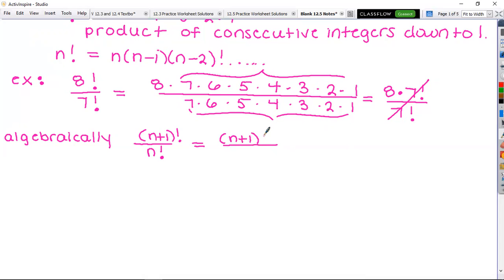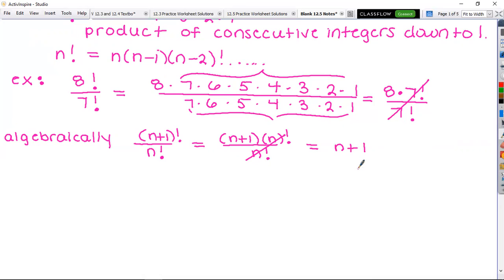What would come after n plus 1? I would subtract 1, so this would be n. And then on the bottom, I have n factorial. I break them down until I can get them to cancel. So what could I do with n factorial? Cancel it. So n plus 1 factorial divided by n factorial is equivalent to just plain n plus 1.